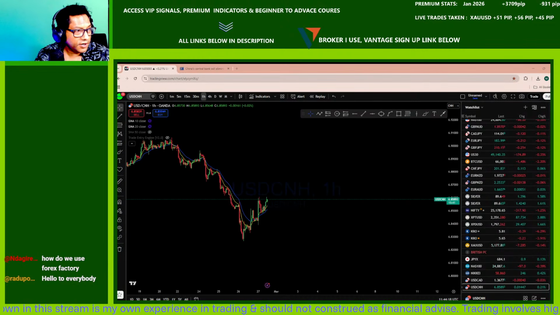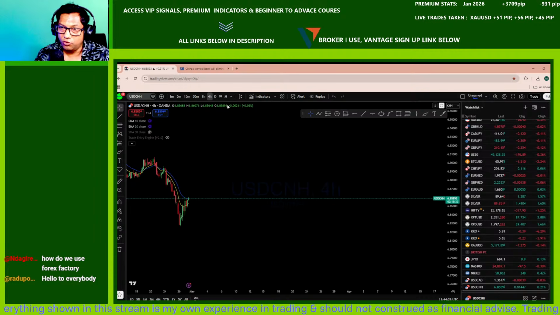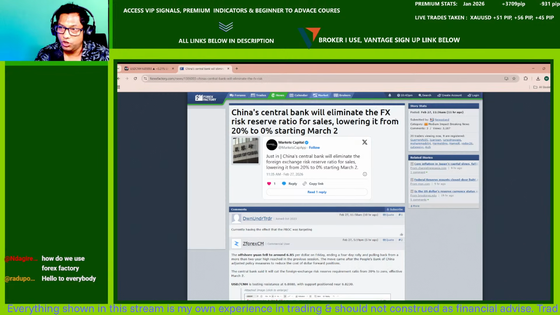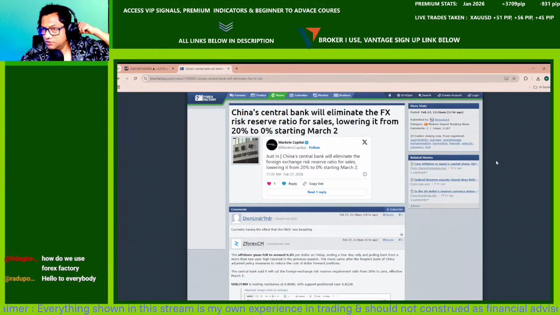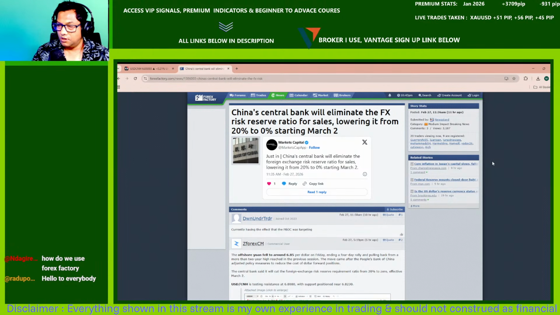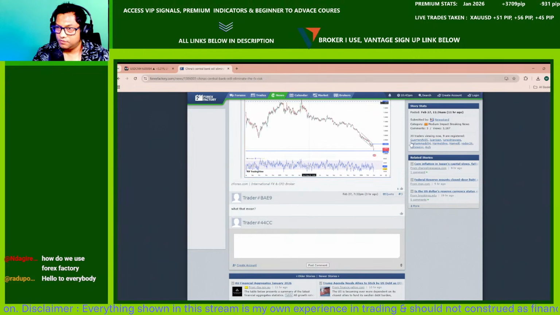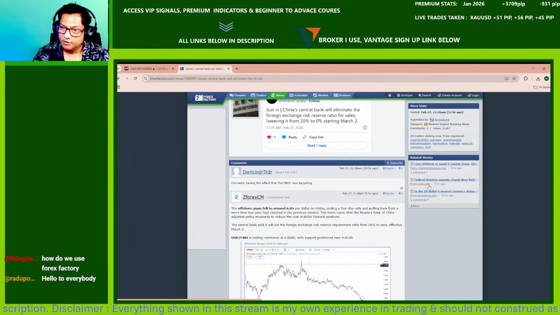Okay, now here we are looking at some potential entry back to the upside. Just a quick review on this one: we can see some news that China's central bank will eliminate something, so that potentially has weakened USDCNH anyway. I don't trade it at the moment, so we'll leave it.